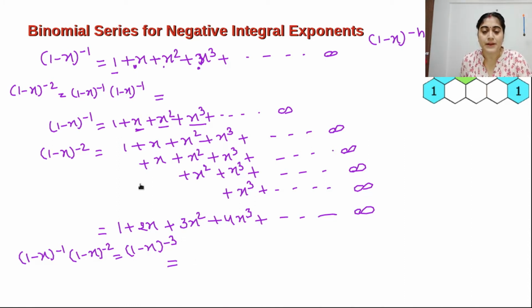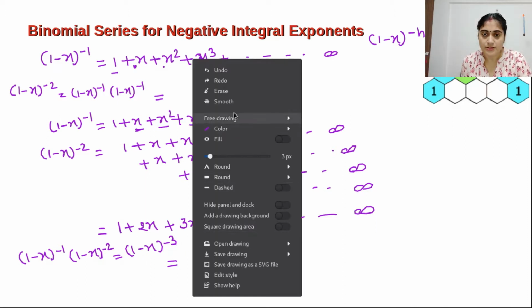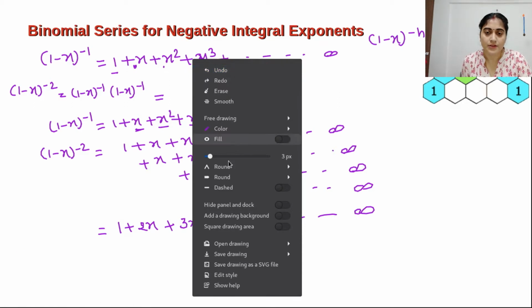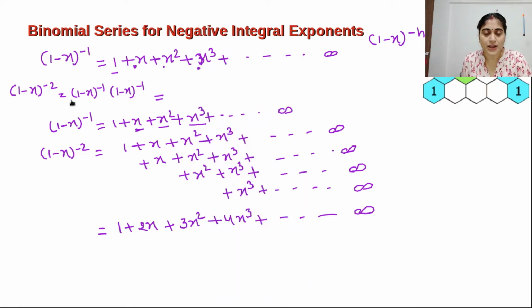So again, if I multiply this series with this series, multiplying 1, the same thing will come. Again I want to multiply this (1 minus x) to the power of minus 2, and again I am multiplying with (1 minus x) to the power of minus 1.